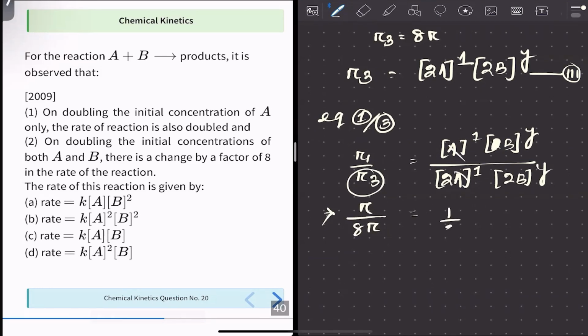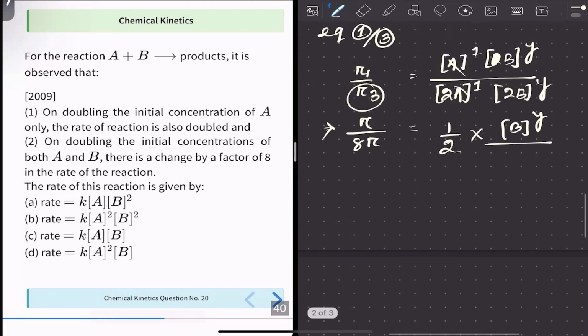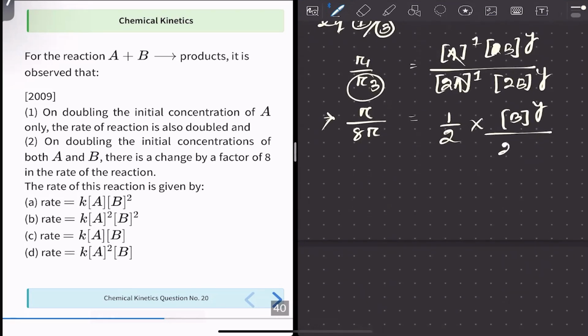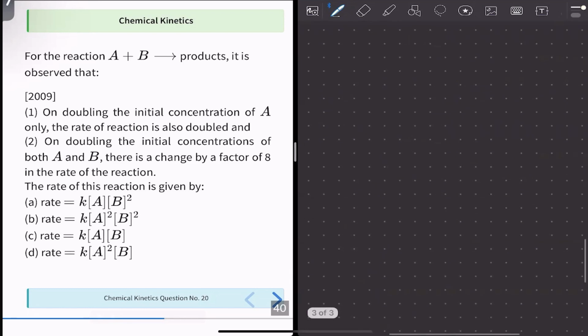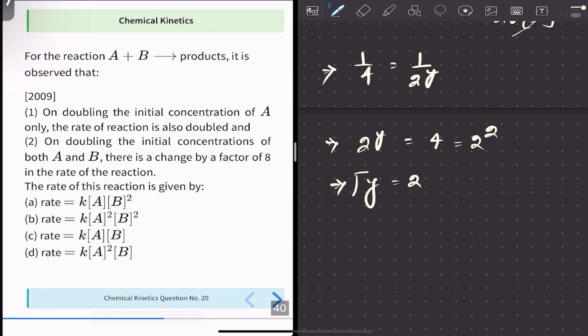A, 1 by 2 into B to the power Y, 2 to the power Y, B to the power Y. 2 cancels out 4, 1 by 4 is equal to 1 by 2 to the power Y. So 2 to the power Y becomes equal to 4, that is equal to square of 2. So the Y value is 2.